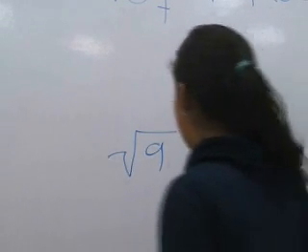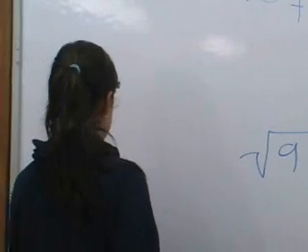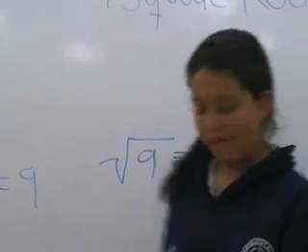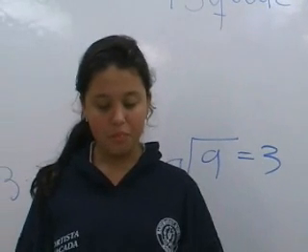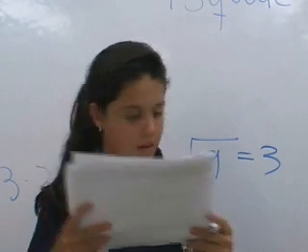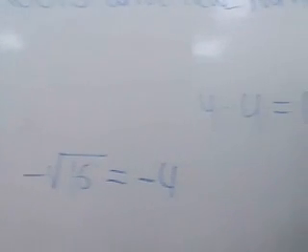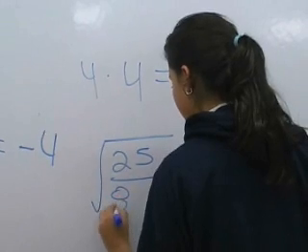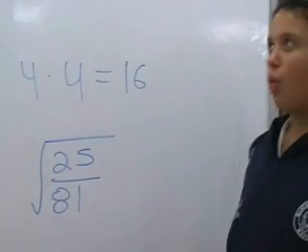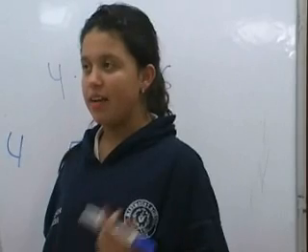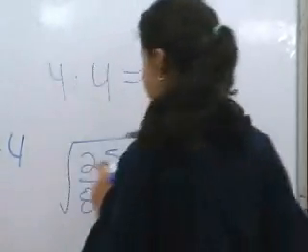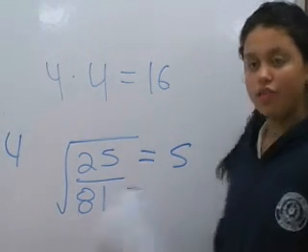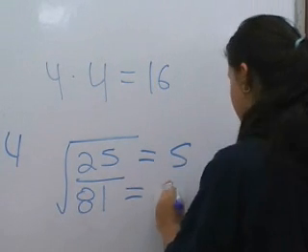You will think that it will be 3 times 3, 9. So the square root will be 3. Another example will be in a fraction. 25 over 81. So what is the number that multiplied by itself will be 25? So it's 5. And for 81 it will be 9.